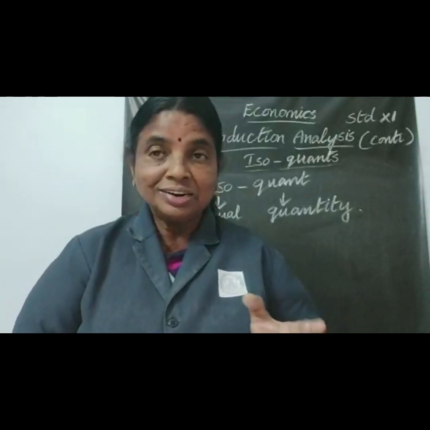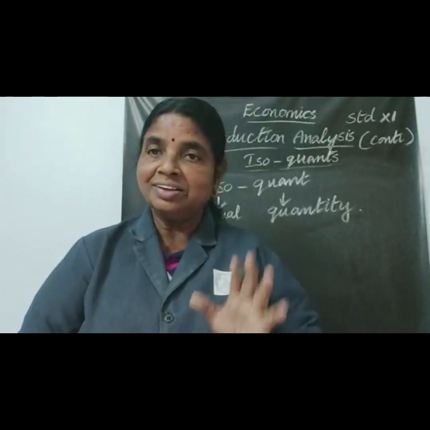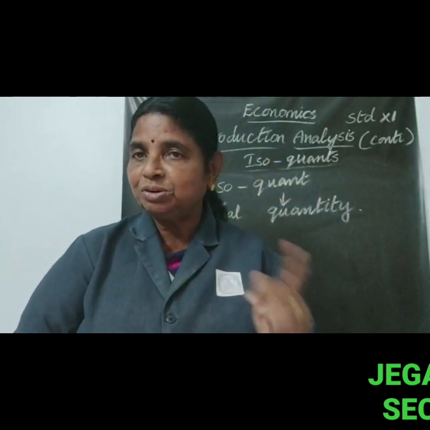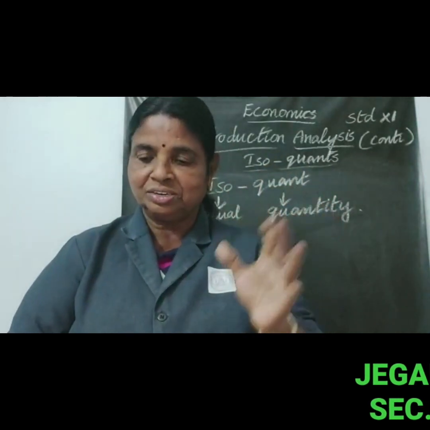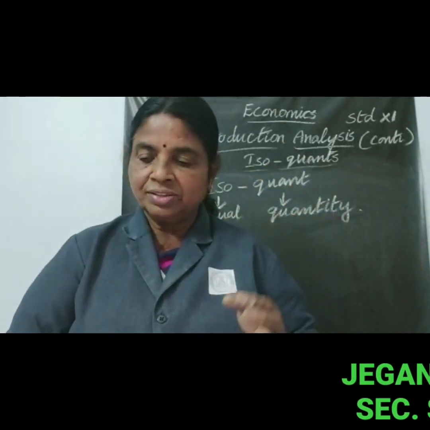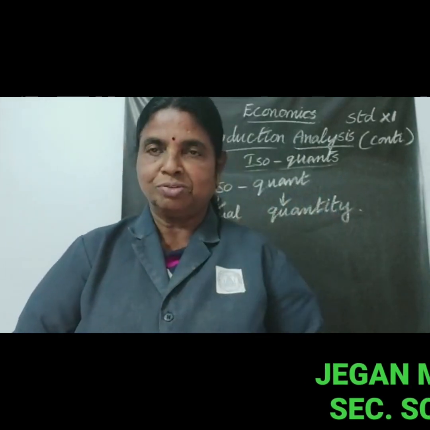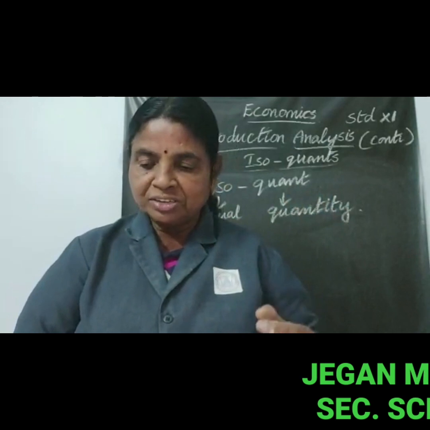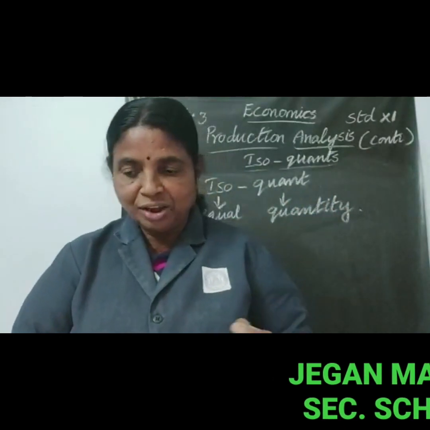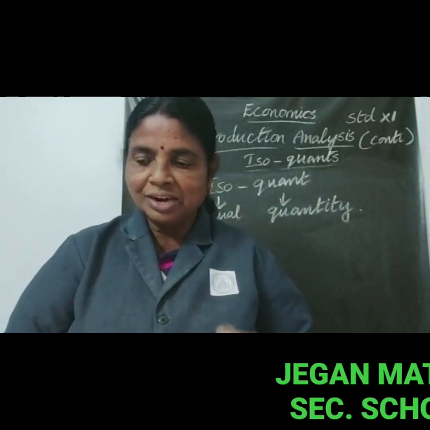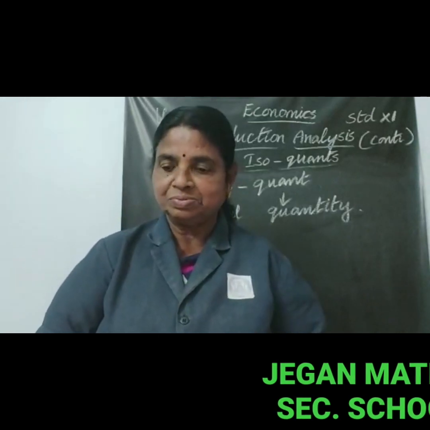Third, technique of production is constant. There should be no change in the technique of production. And fourth, the substitution between the two factors is technically possible. That is, production function is of variable proportion type rather than fixed proportion.